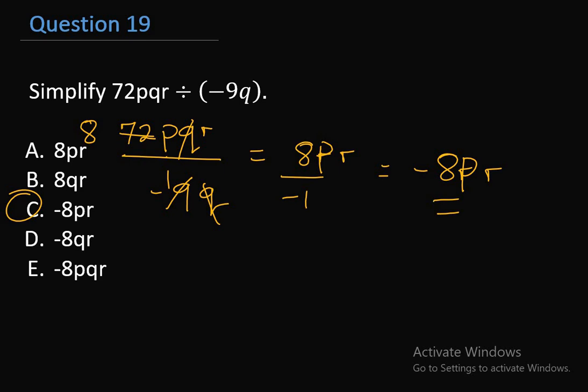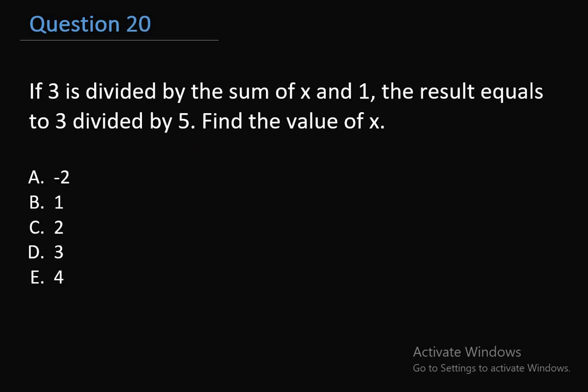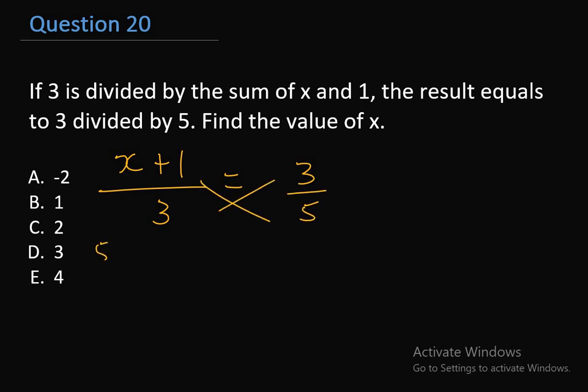Alright, question 20. This question says, if 3 is divided by the sum of x and y, so the sum of x and y is x plus y, divide by 3. The result is equal to 3 divided by 5. Find the value of x, just cross multiply. 5 times x plus 1 will give me 5 bracket x plus 1. 3 times 3 is 9. 5 times x is 5x plus 5 times 1, 5. Equal to 9. Collect like terms, move plus 5 to the right hand side.